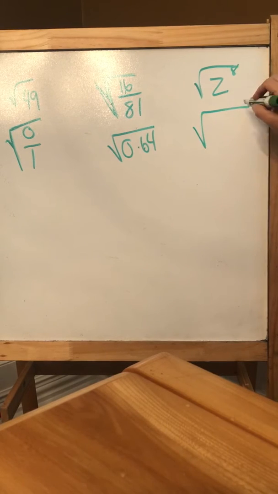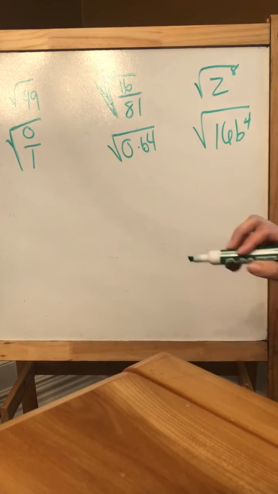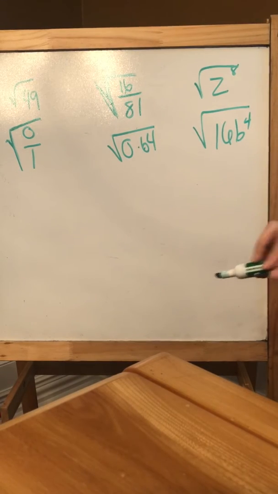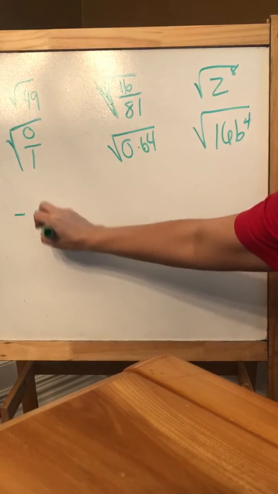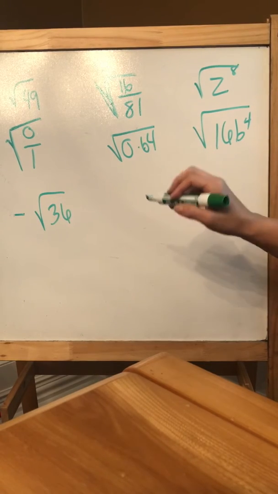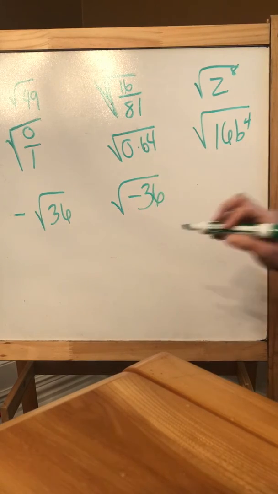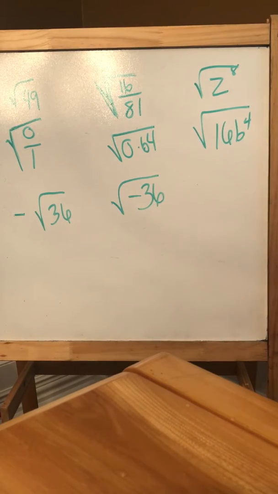The square root of 16b to the 4th. The negative square root of 36. And the square root of negative 36. Okay, press pause and solve these real quick, please.